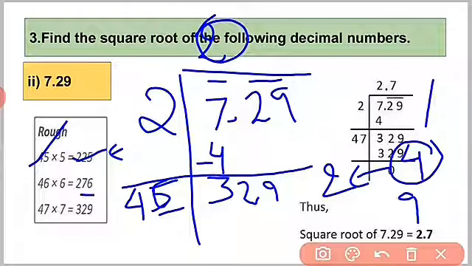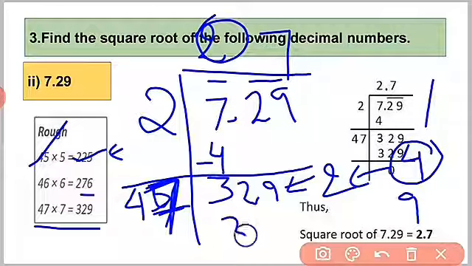less than 329. We have to see the highest number that is less than or equal to 329. So next, we multiplied 47 and 7, we get 329, which is exactly equal to this dividend. So we will write 47 in this blank and we will multiply by 7 and we get 329.